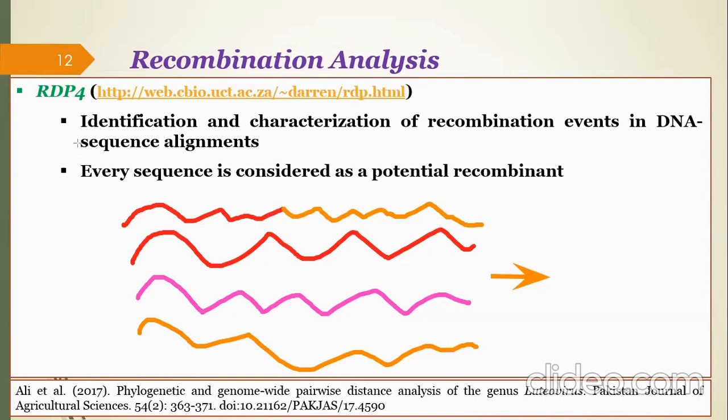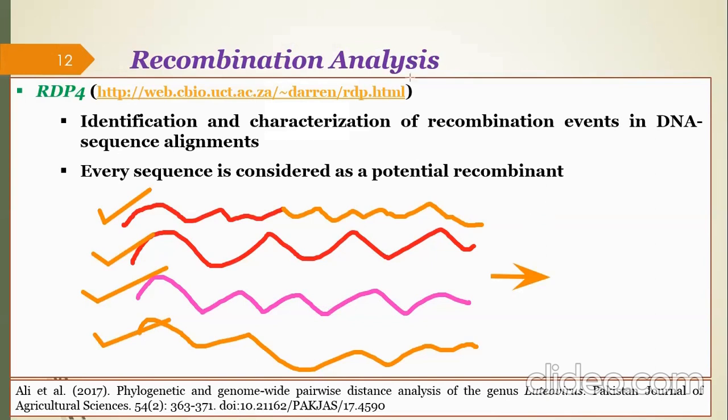So for this, if we are using RDP4, we just give the sequences to RDP4, and it will assume every sequence as a potential recombinant. It will take this as a recombinant, it will take this as a recombinant, and then analyze every sequence.